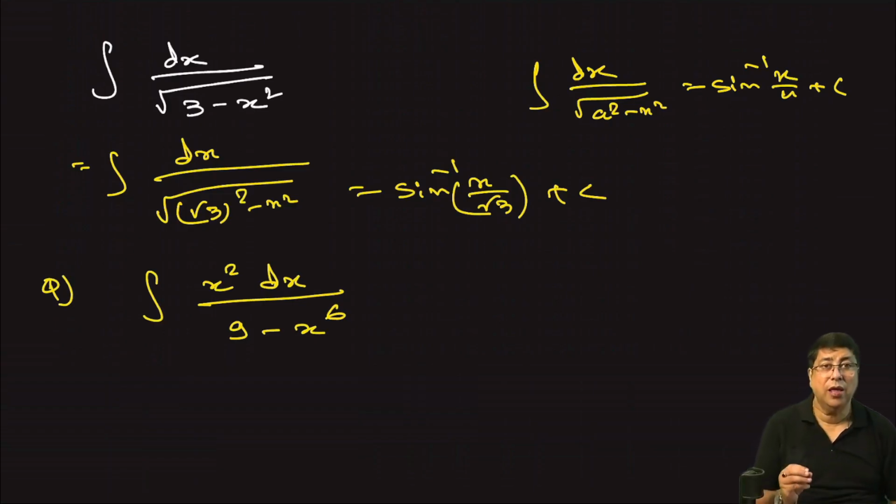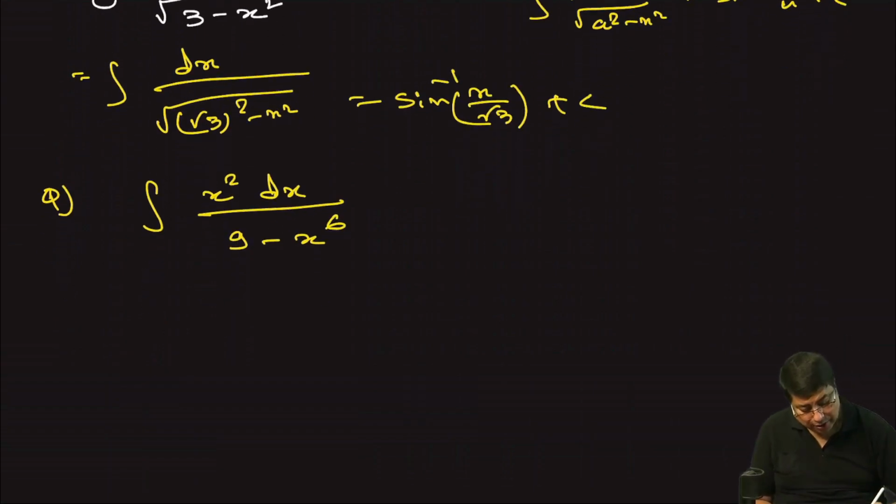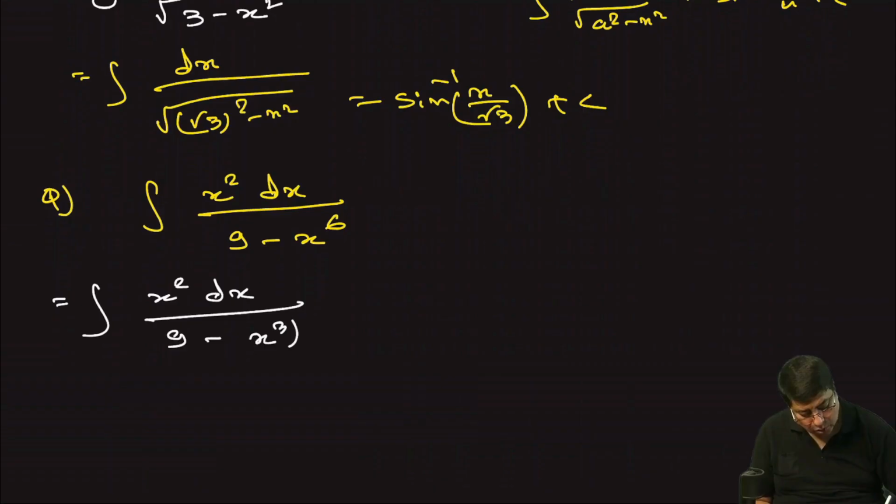So x square, the derivative of x cube is x square, so obviously you have to present x cube in the denominator. So what we'll do here, we can write x square dx by 9 minus x cube whole square. So x cube equal to t, so 3x square dx equal to dt.